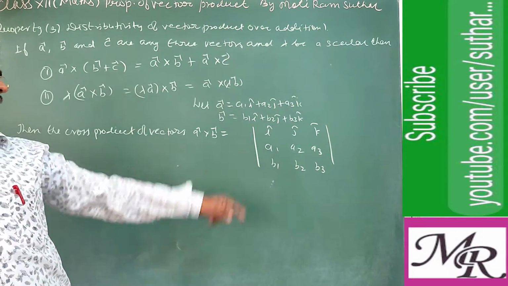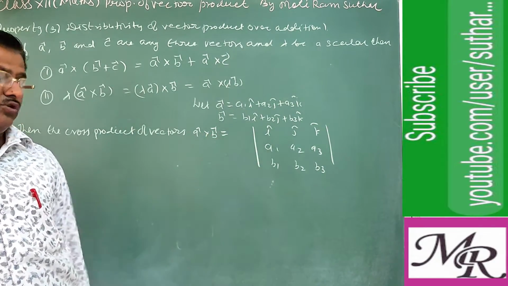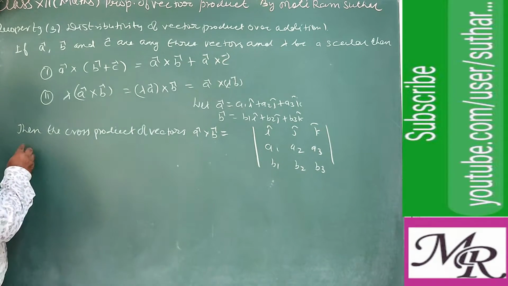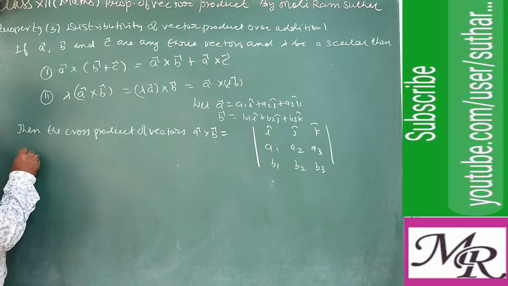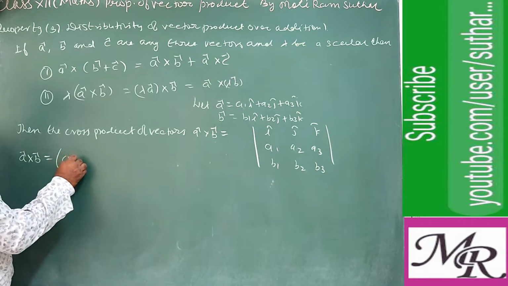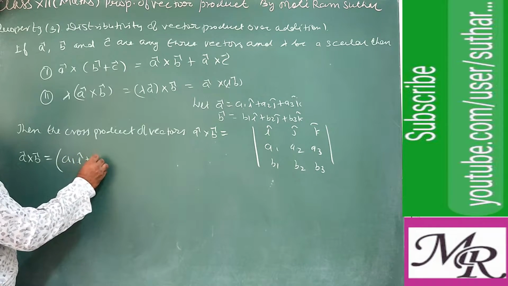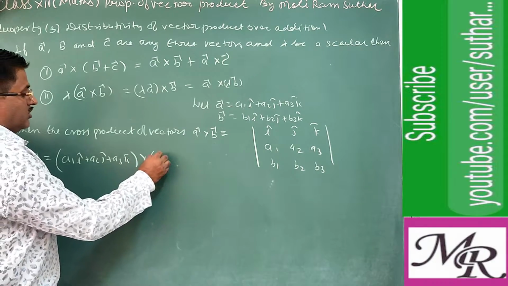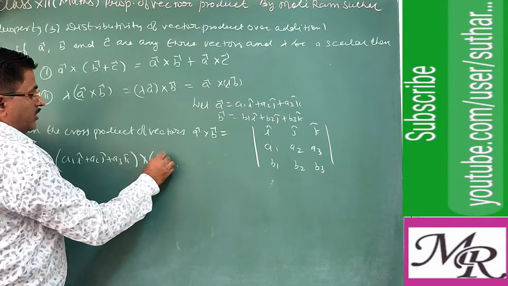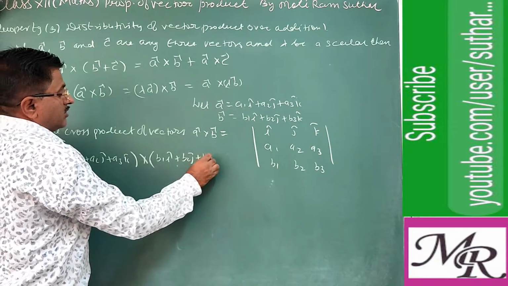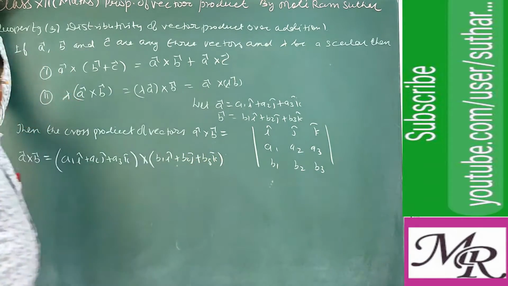Now how we can say this is true, we can find its explanation. See, if you find the direct cross product of the vectors by the usual method, put the values: A1 i plus A2 j plus A3 k, cross B, meaning the components B1 i plus B2 j plus B3 k. Clear?